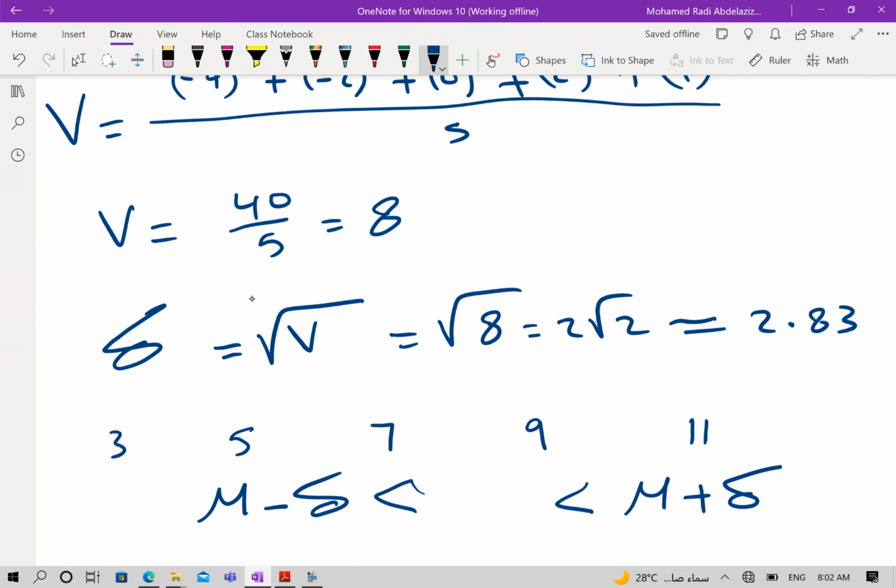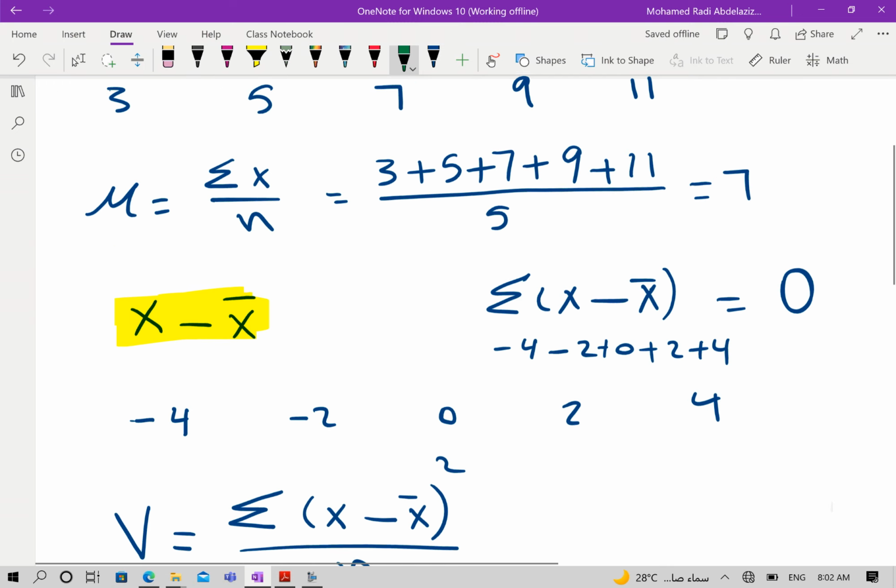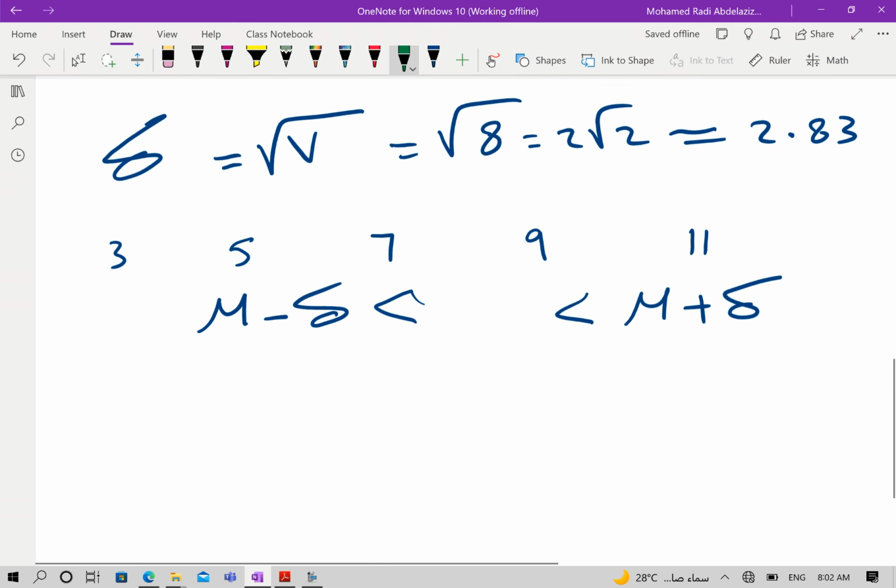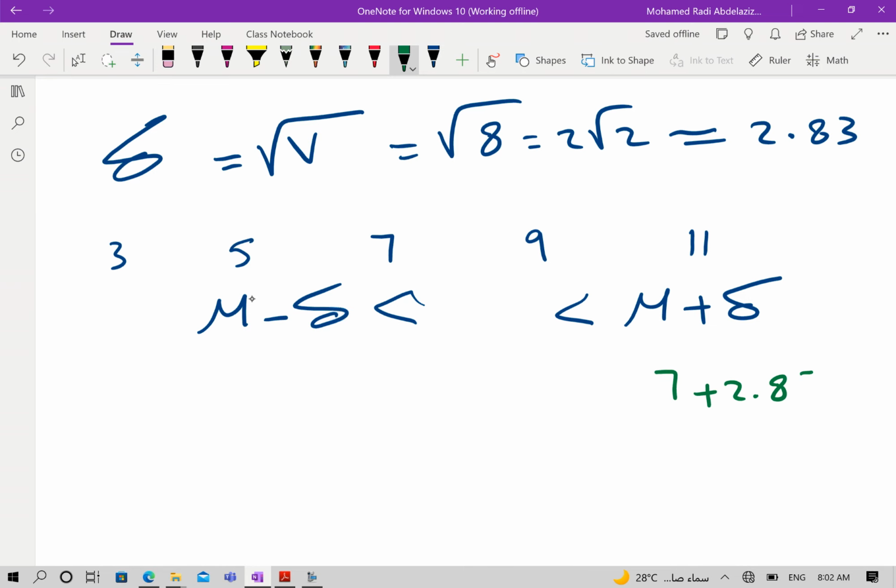If we add mu plus 1 standard deviation, mu is 7, so 7 plus 2.83 is 9.83.